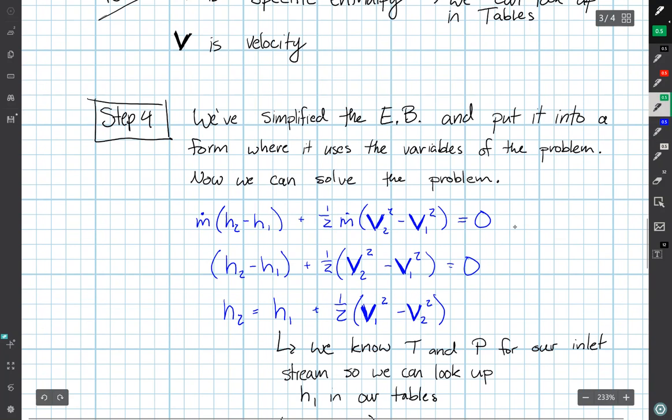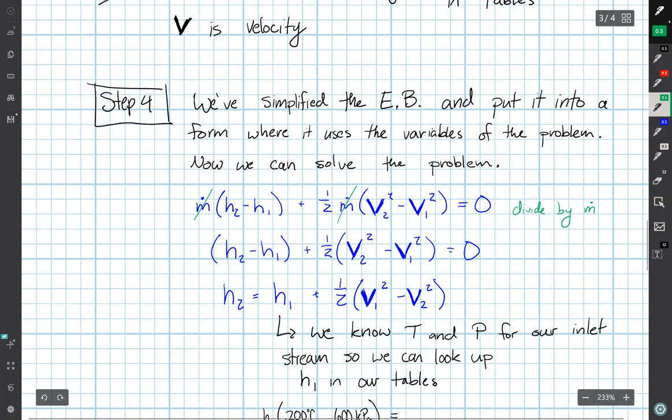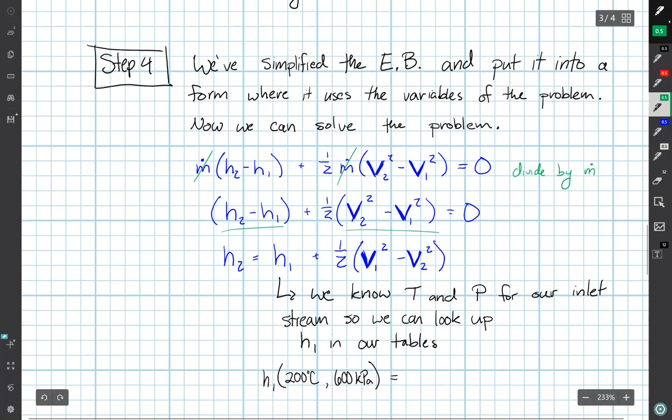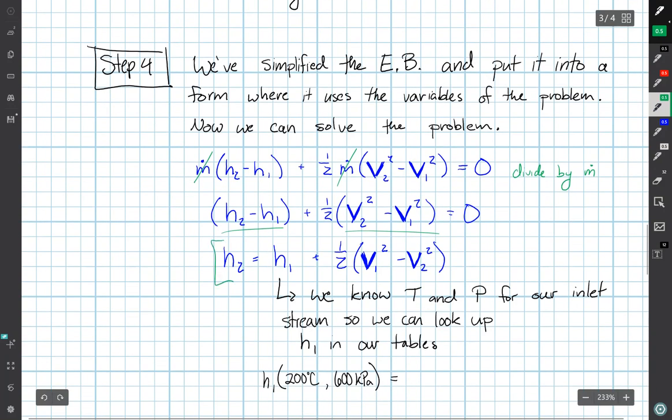Our first step, which we'll write here in green, is divide both sides by m dot. So that just, right, this m dot cancels with this m dot. So we're left with H2 minus H1 and 1/2 V2 squared minus V1 squared equals 0. We can do some basic rearranging and get now this equation for H2.